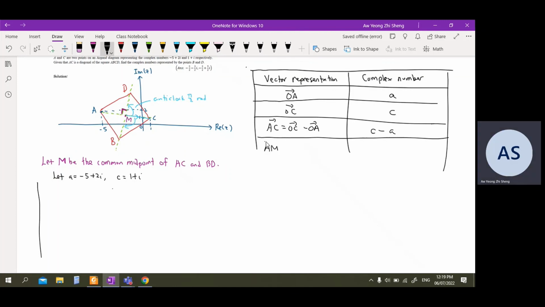In fact, you can just write both here. AM is equal to MC. Both of those, AM and MC, are equal to half of AC. And notice that AM, MC, and AC, they all point in the same direction. It's just that AC has twice the length of AM and MC. Okay, so half of AC is of course half of c minus a. It just follows.